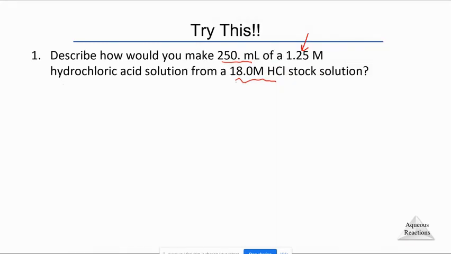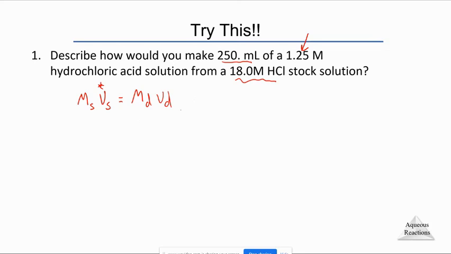Okay, so hopefully using the formula M1V1 equals M2V2, or in this case, MSVS equals MDVD, we're going to figure out what volume of the stock solution we need to take to make this more dilute solution.